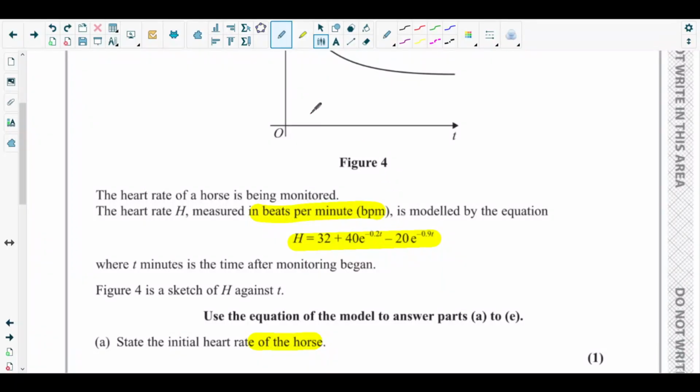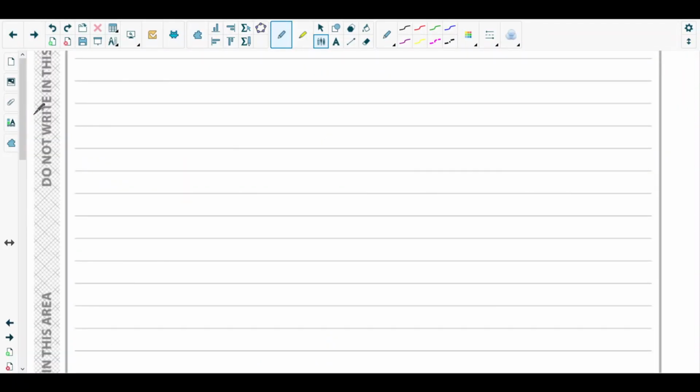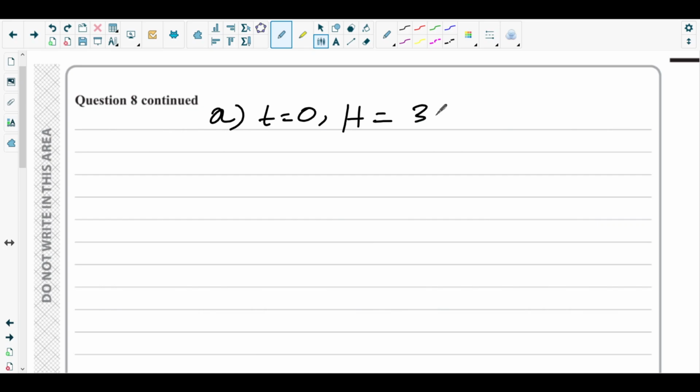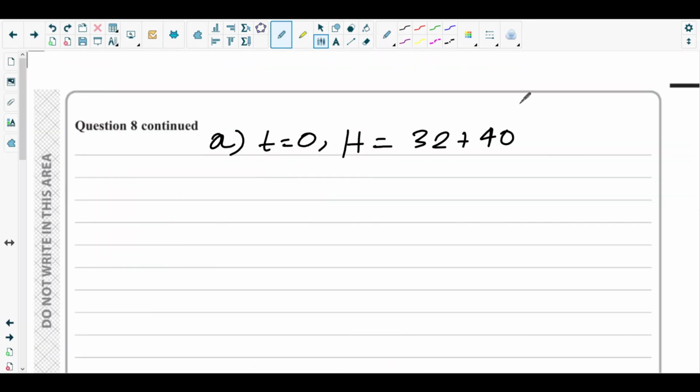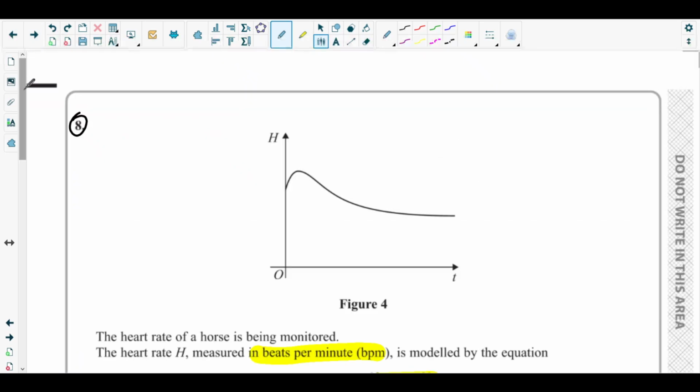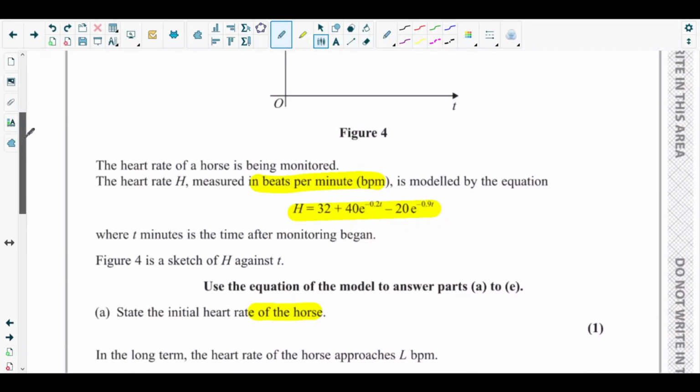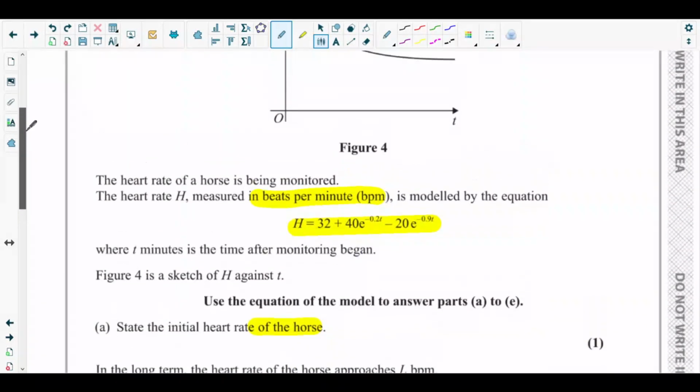E to the power 0 is 1. So 32 plus 40, which is 72, minus 20, gives 52. The unit is given as beats per minute, or BPM in short.